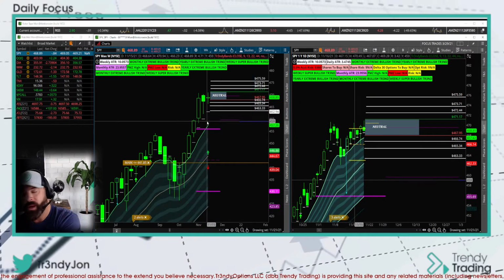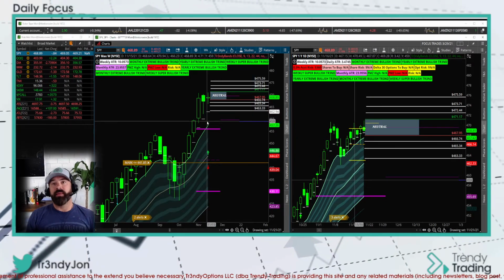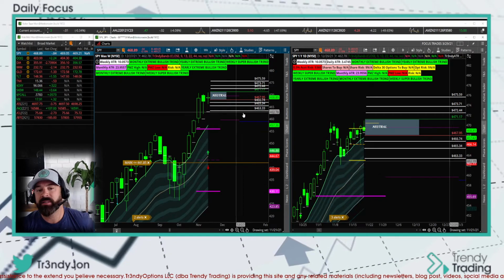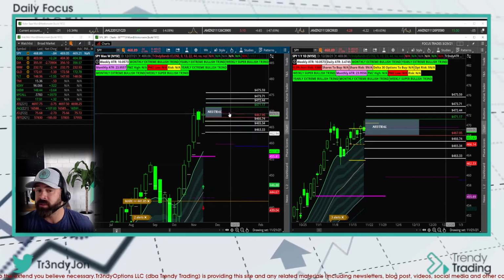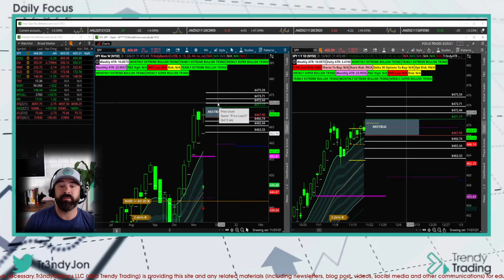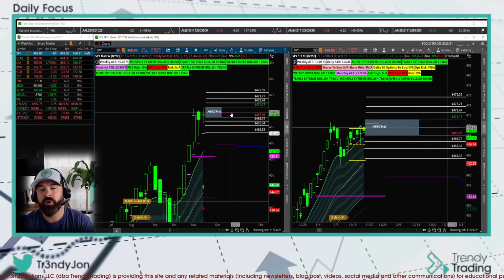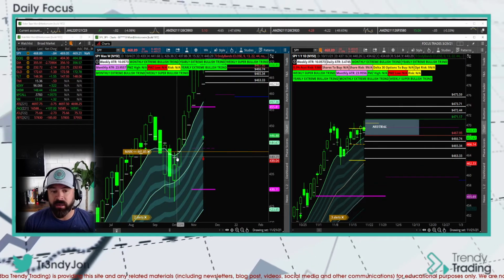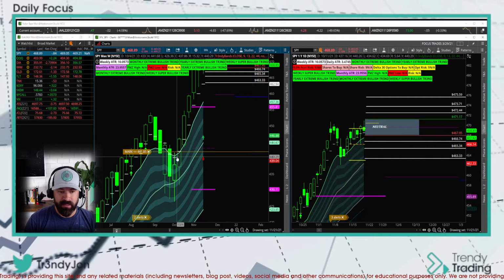Okay, so what I would say going forward in the SPY is that you use a little bit of caution here. Notice that my targets to the upside are a little bit closer, right? Once it breaks out over the green, it's a little bit closer. It's not always like that, folks. So if this were a neutral strategy way back here, my targets would actually be wider because we're expecting more of a move.